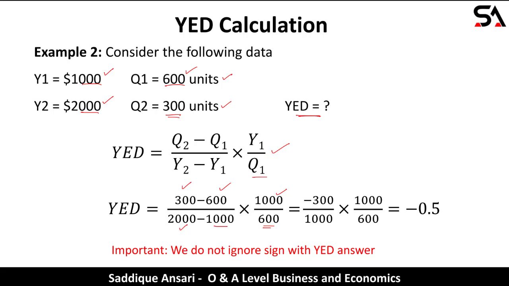If we simplify that, this will be negative 300, this will be 1000 multiplied by 1000 over 600. So this 1000 will be cancelled, this will also be cancelled. So 3 divided by 6, the answer will be negative 0.5. Again, we do not ignore the sign with the YED answer.